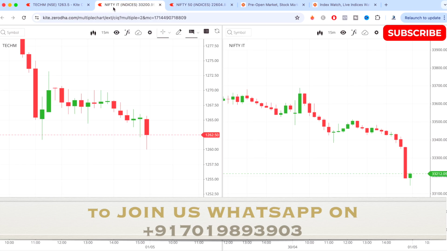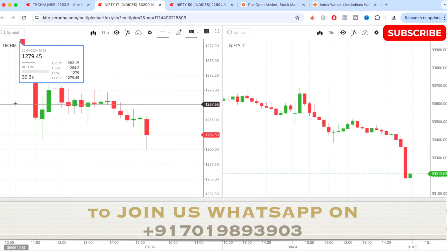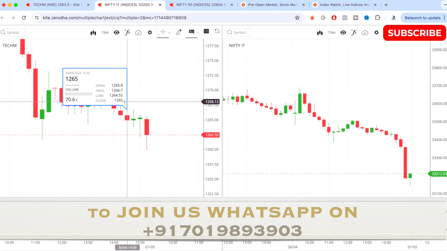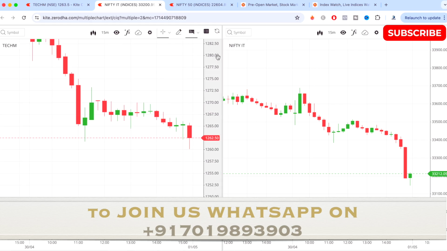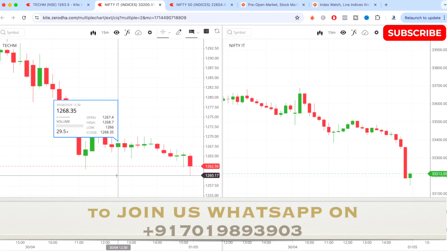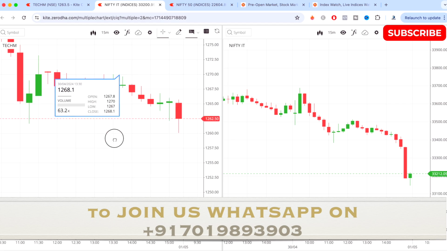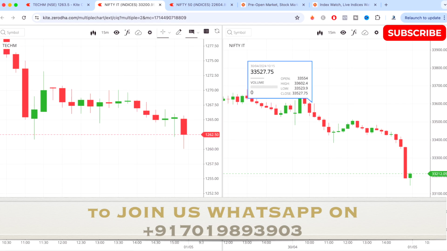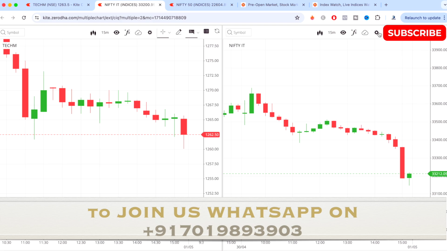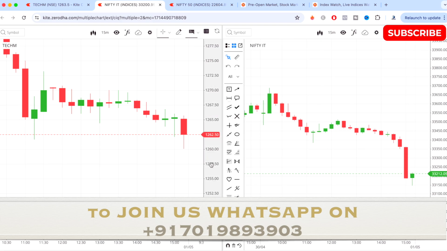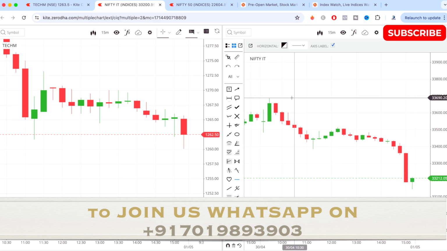And if we quickly see the Nifty IT index versus the TechM stock, TechM comes under the Nifty IT index. So we are just comparing the index versus the stock chart here, if you guys can see. The same thing has happened here. After the first 15 minutes completed, even here you can see the next candle became a big green candle.